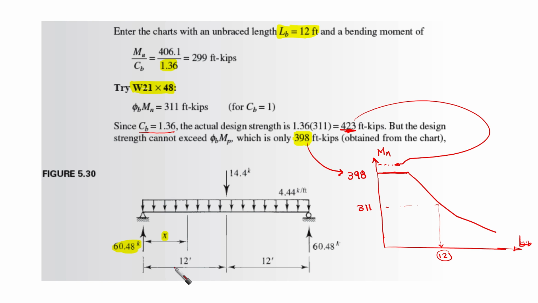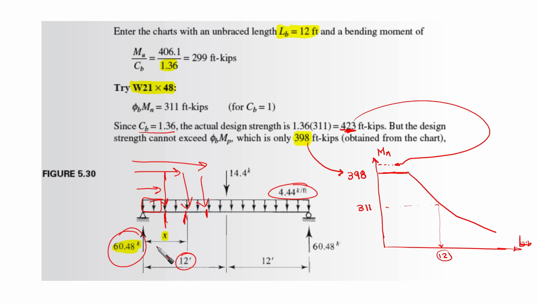Here this is 12, so we are going to have 3, 6, and 9. We need to know the moment at each of these points. We know the reaction, and we know the distributed load here, 4.4 K, so we can calculate the moment at each point.